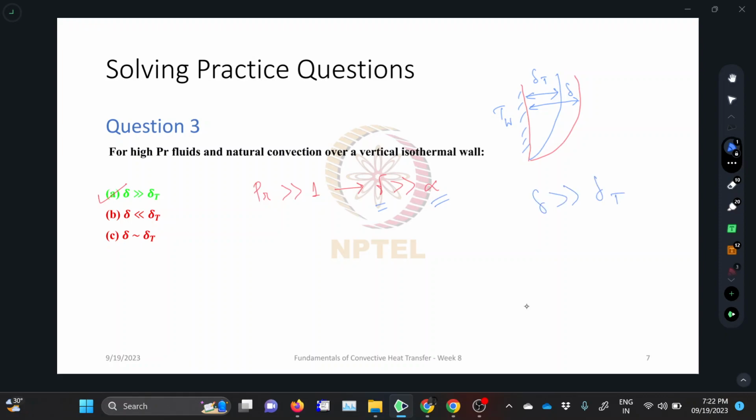So if I draw the profiles now, the temperature difference would die down slowly, this being, let's say, delta T. And this is our x along this distance.